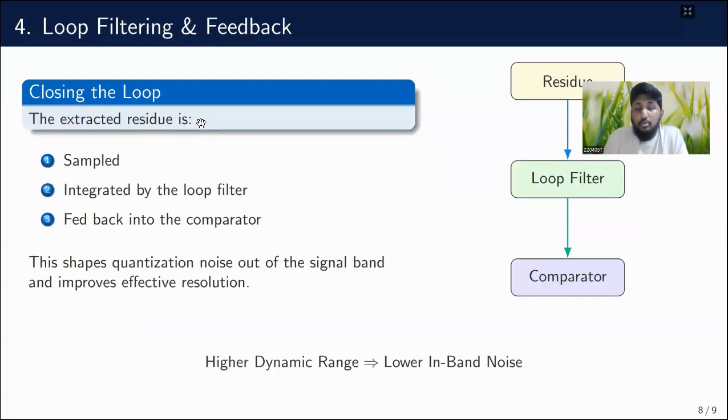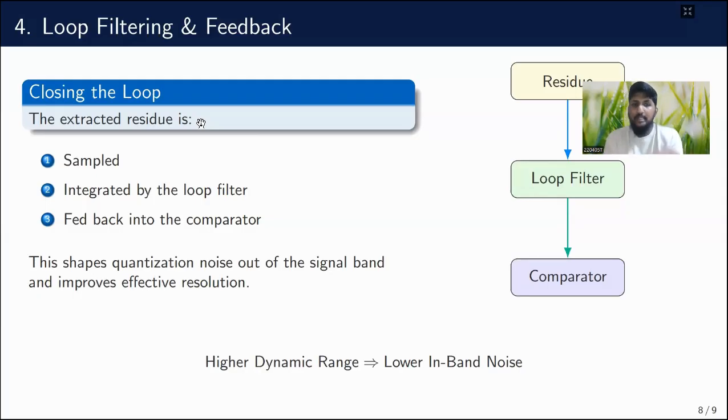Now, loop filtering and feedback. In the final stage, the extracted residue is sampled and passed through a loop filter. The loop filter integrates the error and feeds it back into the comparator during the next conversion cycle. This feedback process shapes the quantization noise so that most of the noise is filtered and shifted outside the signal band.